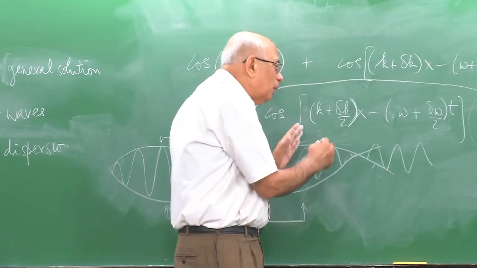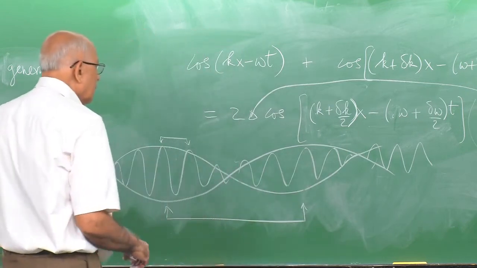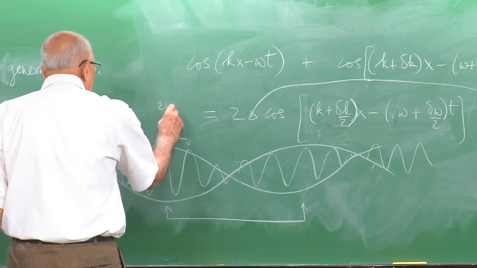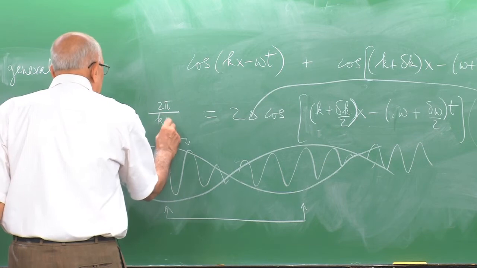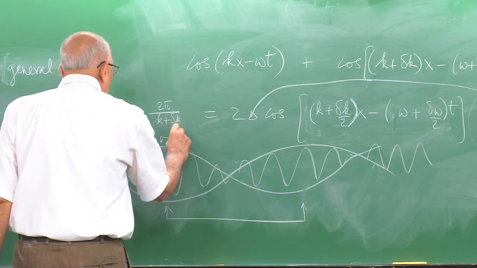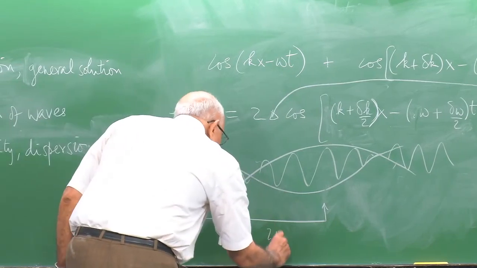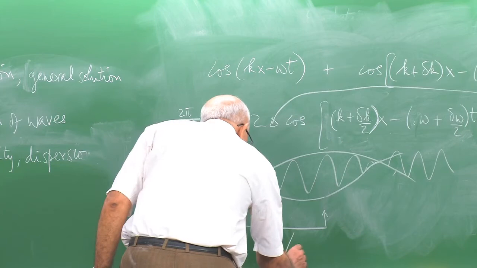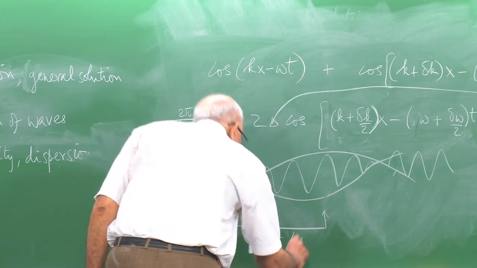So, it is the mean between k and k plus delta k, k plus half the difference here. So, this is 2 pi over the corresponding k, that is k plus delta k over 2 here. On the other hand, this is 2 pi divided by that wave number, which is therefore 4 pi divided by delta k.